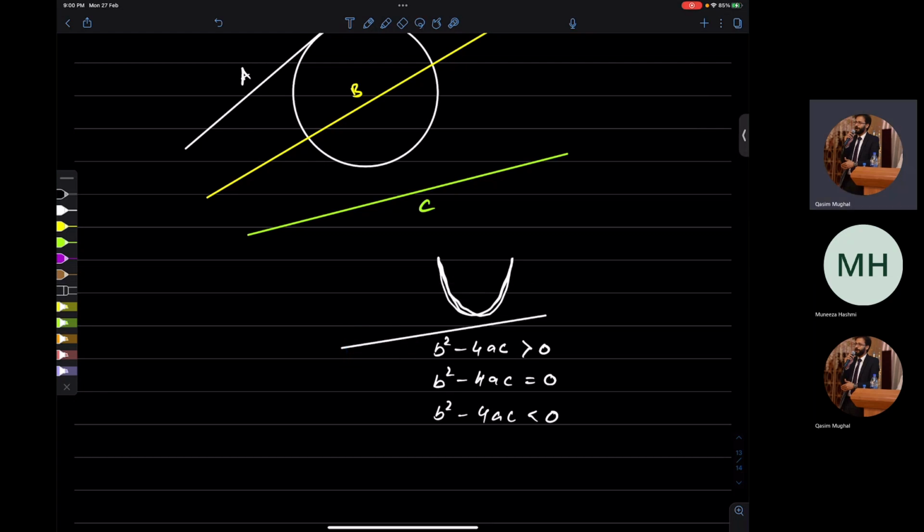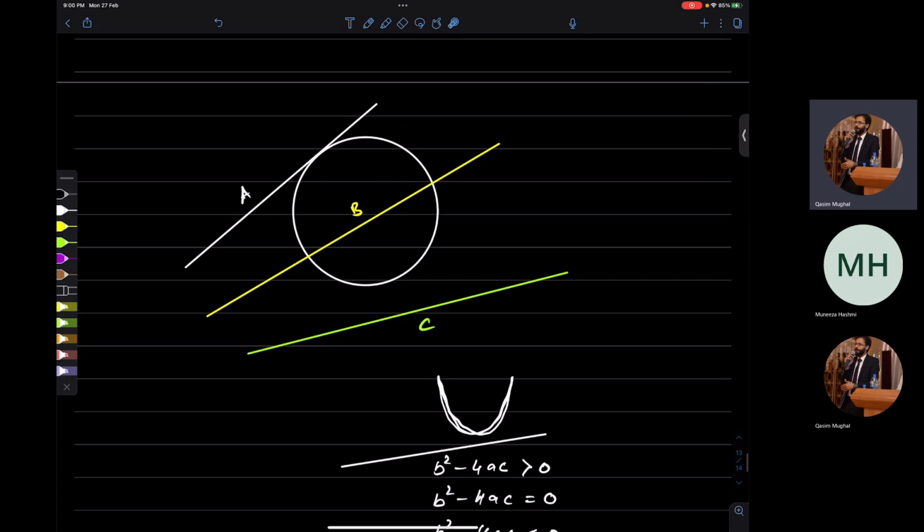So we can apply the same concept here. If I have the equation of the line and also the equation of the circle, and I solve them simultaneously and end up with just one repeated solution, for example x equals 1 and x equals 1, what does that show?